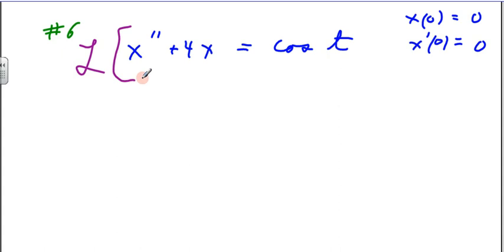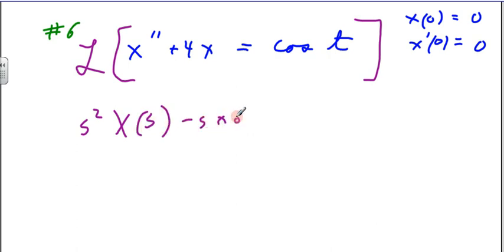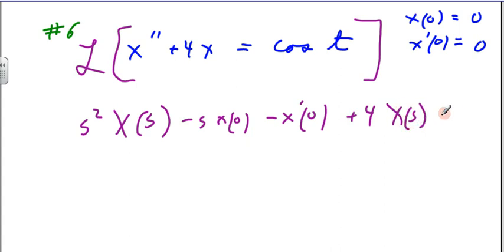Okay, so I'm going to take the Laplace transform, and I'm going to get s squared X of s minus s x of 0 minus x prime at 0 plus 4 X of s is equal to, and I'm using number 10, and I got s over s squared plus 1.